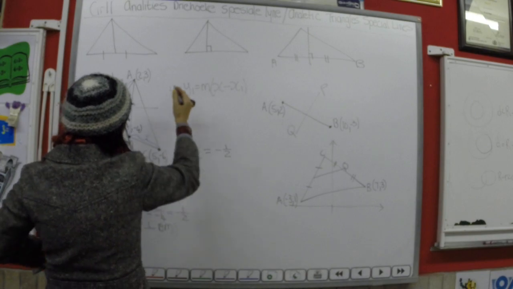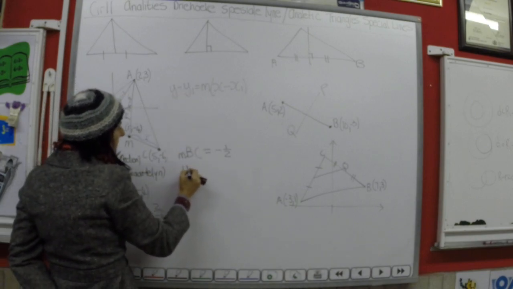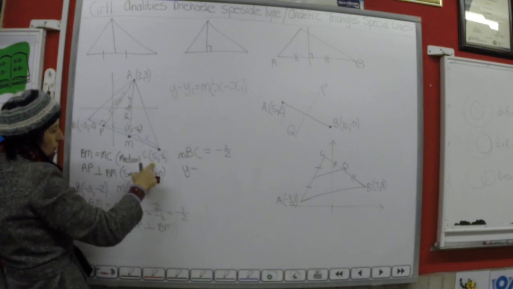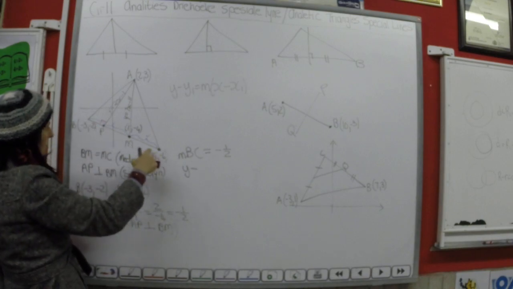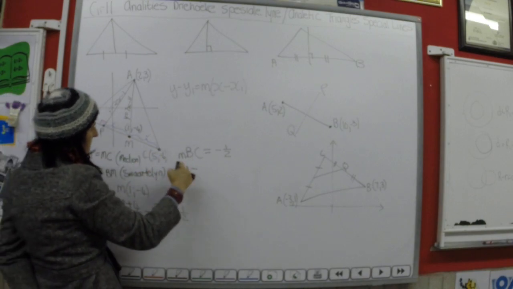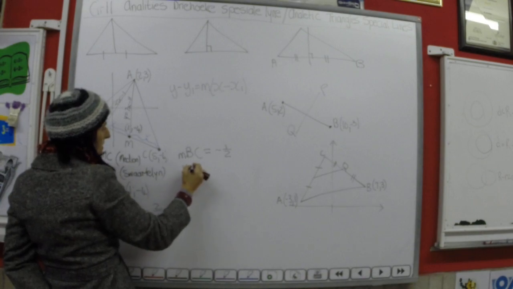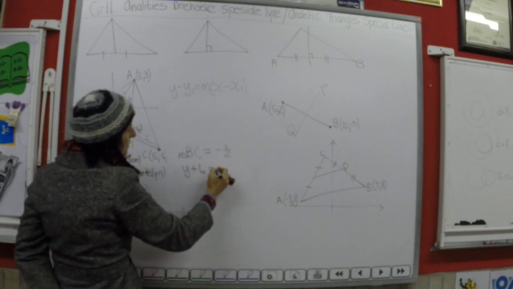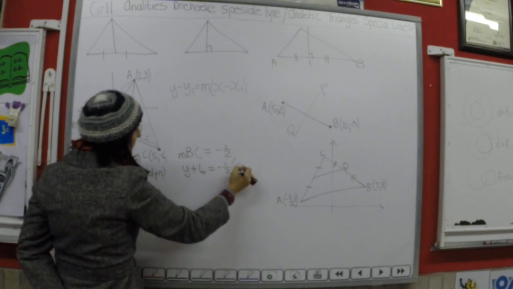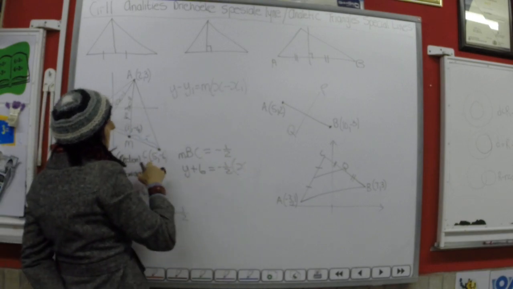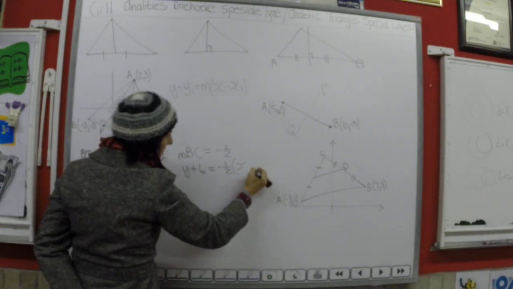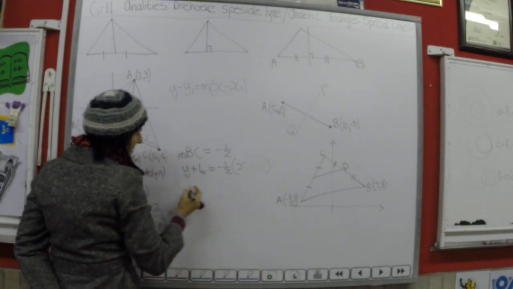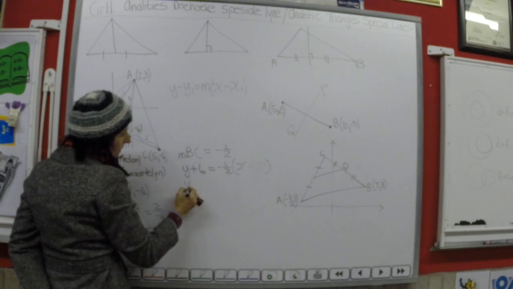So ons gaan sê y minus y1, so ons vat sommer hierdie koördinaat, want hy is mos op BC. So dis my y-waarde, minus 6, y plus 6 is gelyk aan, m is minus 'n half, en my x-waarde is 5. Minus. So now again, we're going to multiply this out.